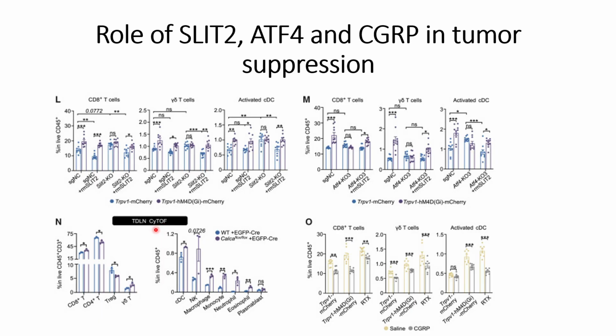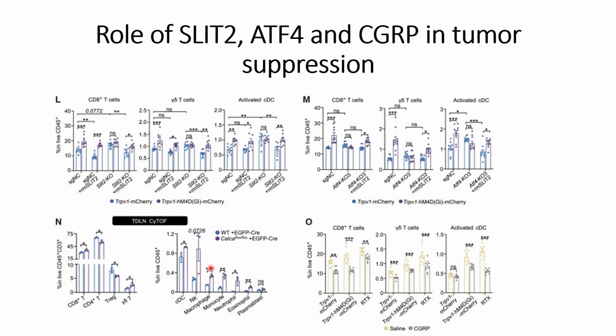Once the role of SLIT2 and ATF4 was validated, they also checked the results for CGRP. The CGRP protein is produced by the gene Calca. So they knocked down Calca and then checked its effect. In the absence of Calca, they are able to see an increase in the CD8 plus T cells and also an increase in the gamma delta T cells and the conventional dendritic cells.